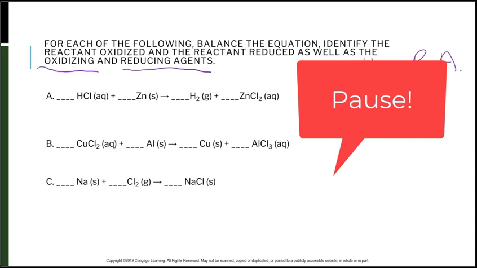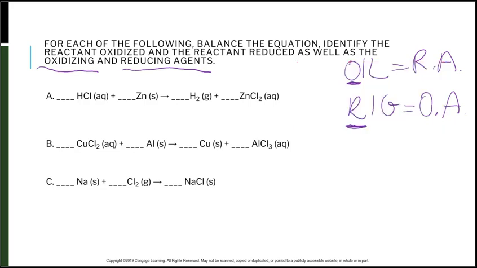And when we find out who is reduced, it's the one that's the oxidizing agent. So why don't you pause the video, first try balancing, assign oxidation numbers, figure out who is being oxidized, who is being reduced, and then label accordingly which agents are whom.